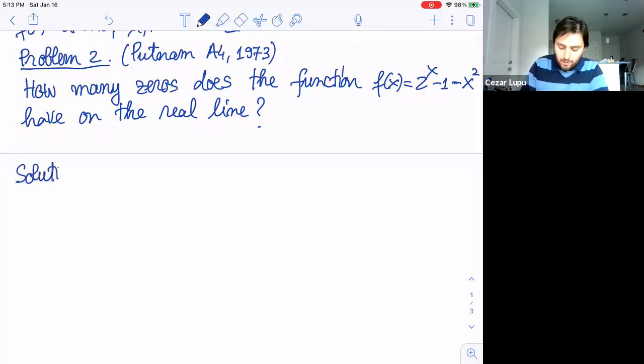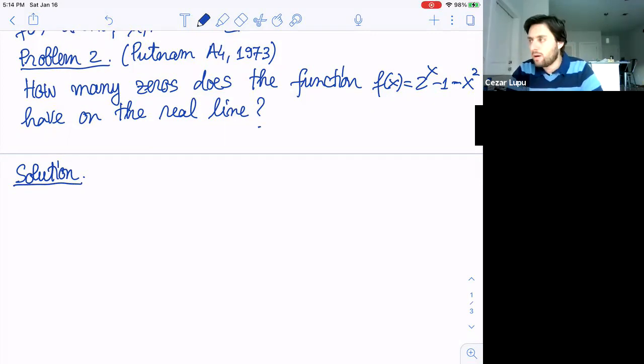Well, if you look at it, you sort of have a combination between an exponential function and a quadratic function. Well, at some point, the exponential function will grow fast enough, so there is no way that the quadratic function will catch the exponential function.